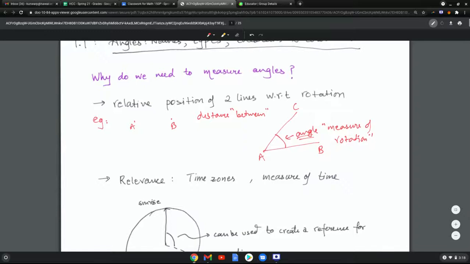So relevance would be, say, time zones or measurements of time. For example, before we had clocks, there was something called a sundial. So you have the sun at a particular point, and the shadow falls over here, and after some point, the shadow is here. Then you can say that this is how much time has elapsed. Of course, we still use this in some sense when you look at a clock.